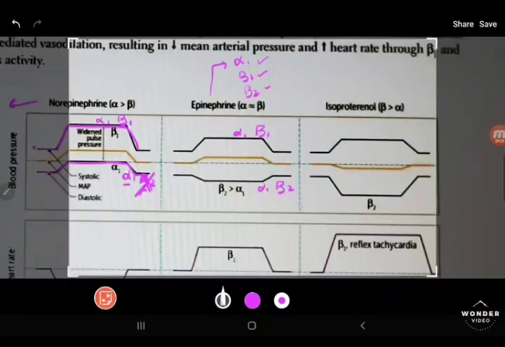But the important thing was that it has a higher effect on beta 2 compared to alpha 1. Alright, let's get to it. Increase in alpha 1 increases systolic blood pressure. An increase in beta 1 activity is going to cause an increase in systolic blood pressure. So we see this increase. Just follow these arrows here.